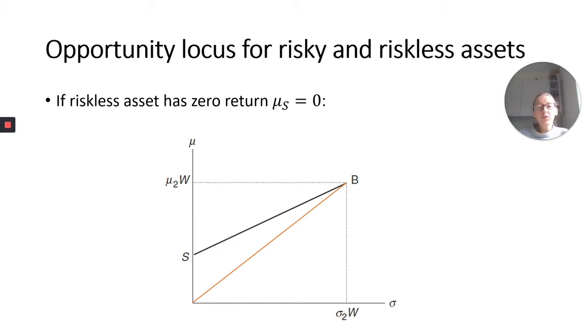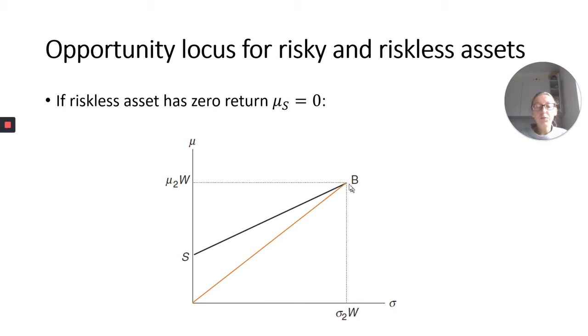Investment in money is riskless. So in reality, if you hold cash, if you save cash, it doesn't give you any return. So the return of your riskless asset in this case would be equal to zero. What changes then?